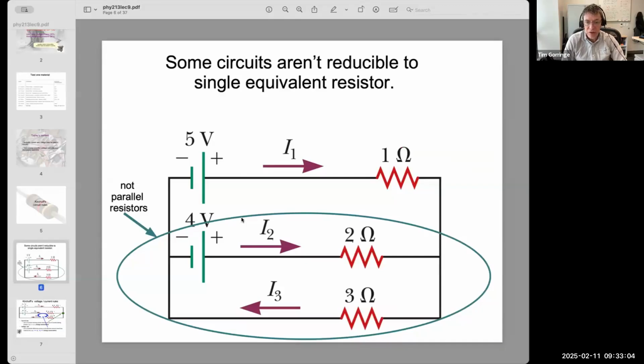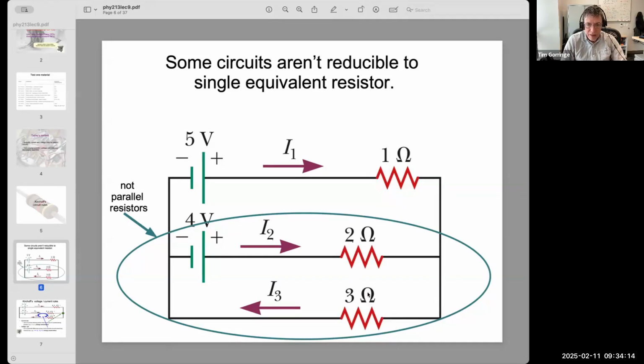It's interesting because this is a circuit that actually can't be reduced to a single equivalent resistor representing the resistors in the original circuit. So we cannot reduce this circuit here involving a 1 ohm, a 2 ohm, and a 3 ohm resistor into just a single equivalent resistor and the batteries.